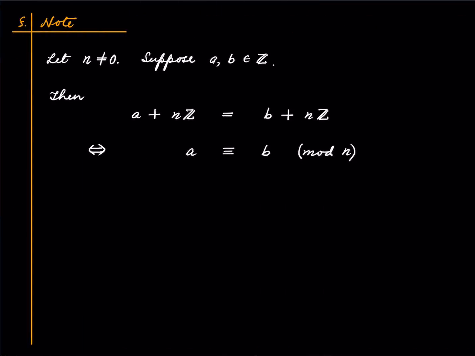Before we put it to use, I need to discuss this simple note. So suppose we have a non-zero integer N and two integers a and b. Then writing this is the same as writing that. Why is that?